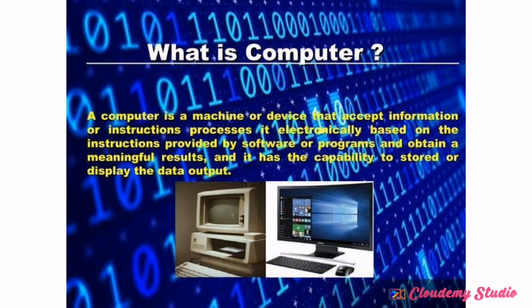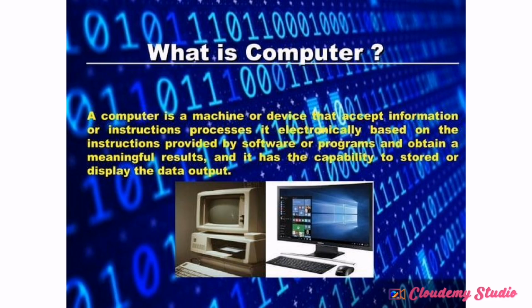Talking of the programs, there are so many programs. For instance, an operating system is a program. So when you install an operating system, that system is programmed to give you the access to start installing information and certain data inside of that system. So through the programs and the software, the computer would give the meaningful results.